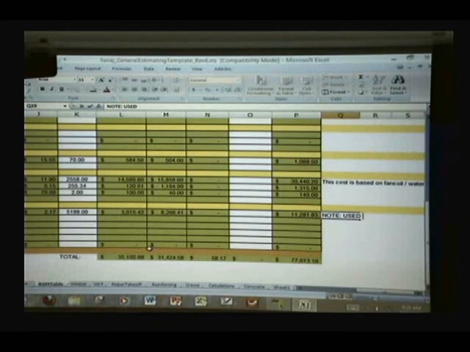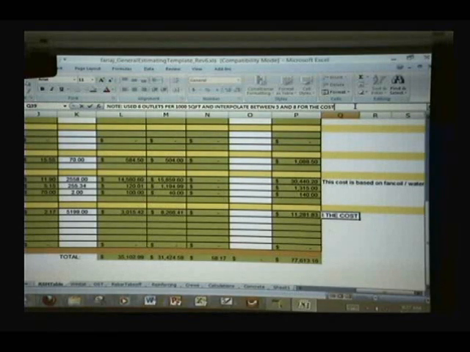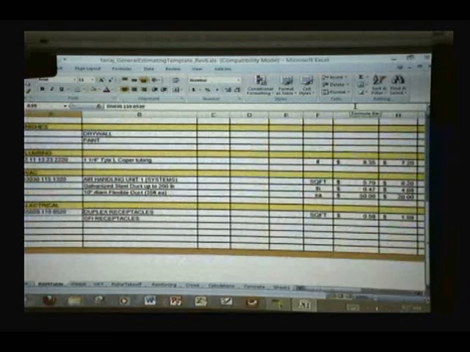I used 6 outlets per 1,000 square feet and interpolated between 5 and 8 for the cost. Right? So now I know where I got that number from.